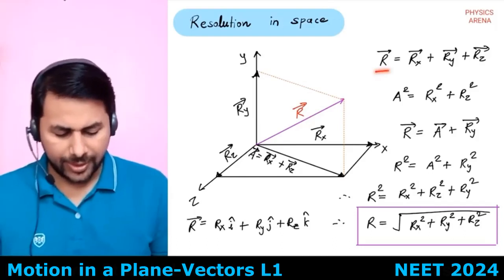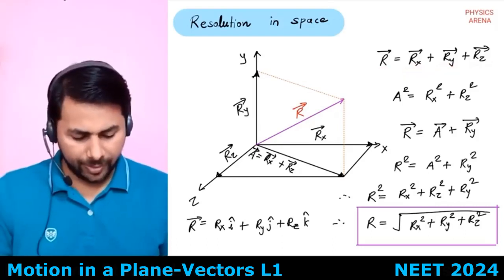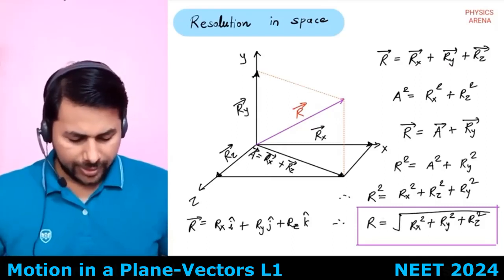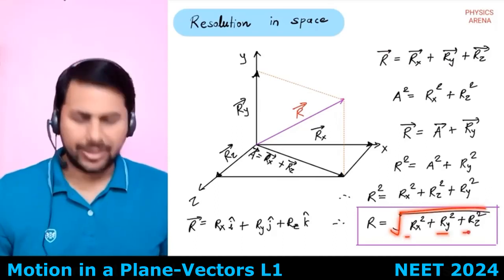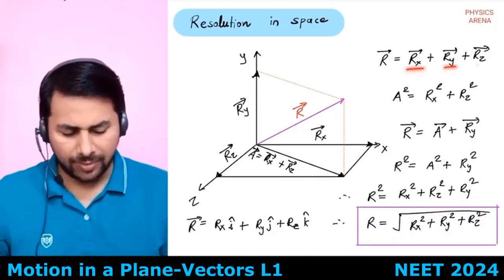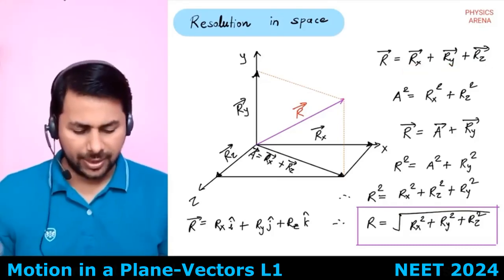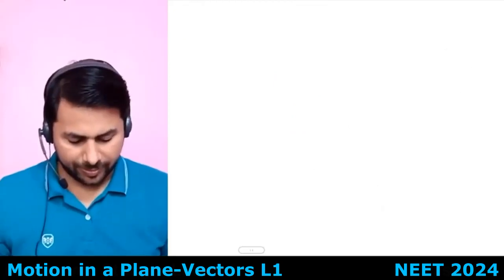So r bar can be written as rx bar plus ry bar plus rz bar. So r bar's magnitude will be equal to square root of rx square plus ry square plus rz square. And rx bar, ry bar, rz bar can be written as rx into i cap, ry into j cap, rz into k cap.